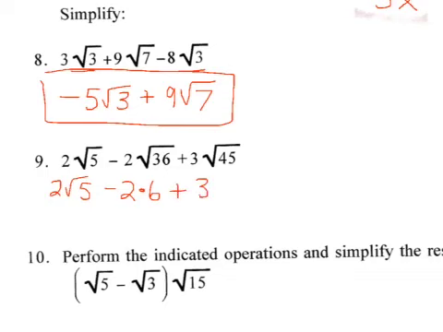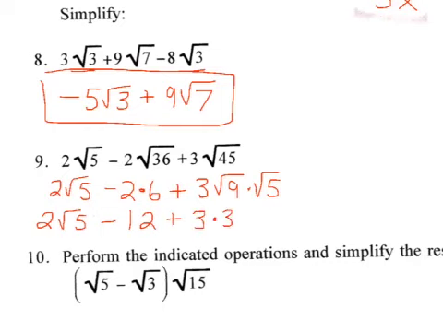And then we can simplify the square root of 45 as the square root of 9 times the square root of 5. So we have 2 root 5 minus 2 times 6, which is 12, plus 3 times 3 times the square root of 5.